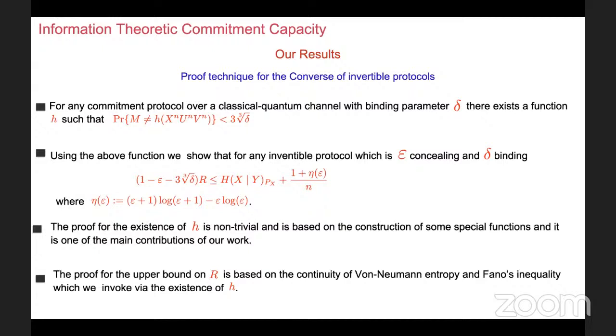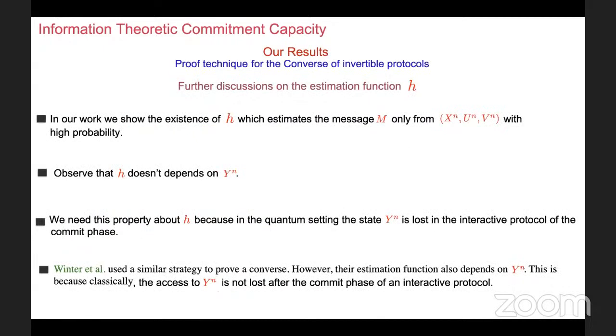To discuss more on this H, one thing to observe here is that we are able to estimate the message M irrespective of the channel output. And we need this property of H because in the quantum setting, the state yn is completely lost in the interactive protocol of the commit phase.